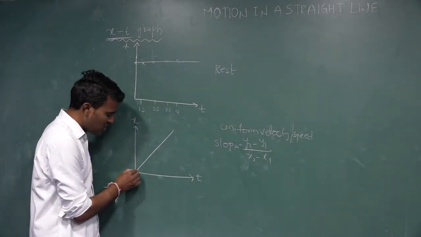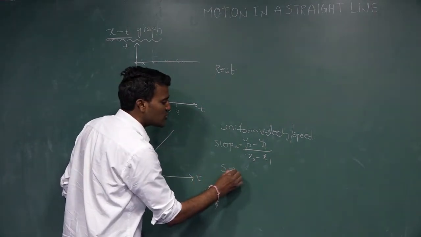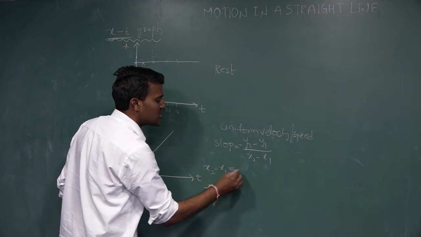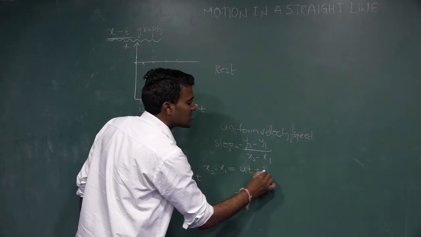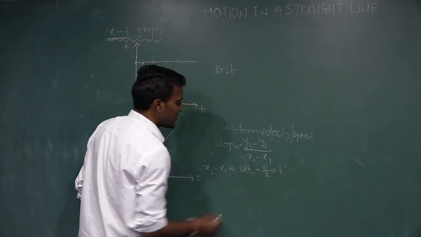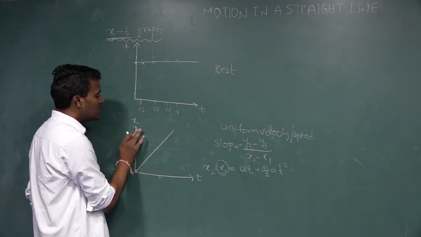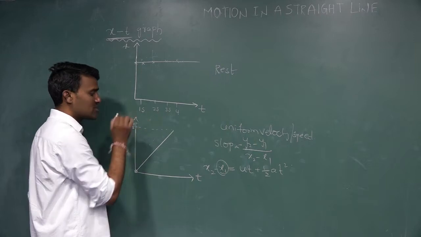See here, initially the position is rest position. From the second equation of motion, we can write x2 minus x1 is equal to ut plus half at square. Here the initial position is at rest position and finally it has position x2, for example.